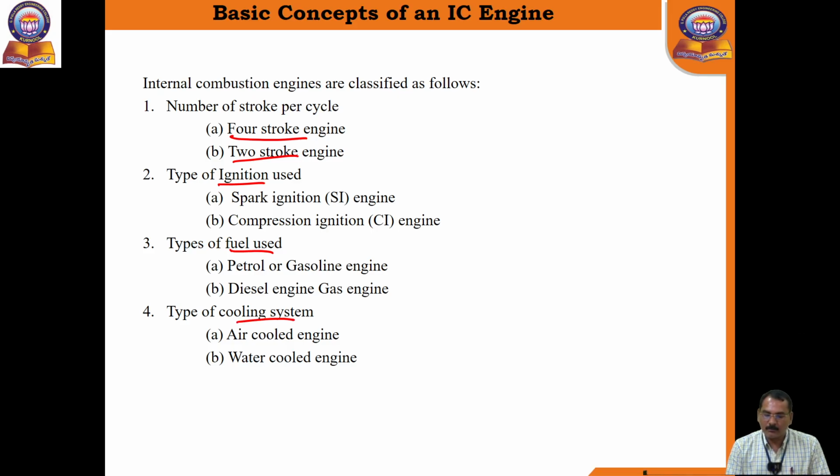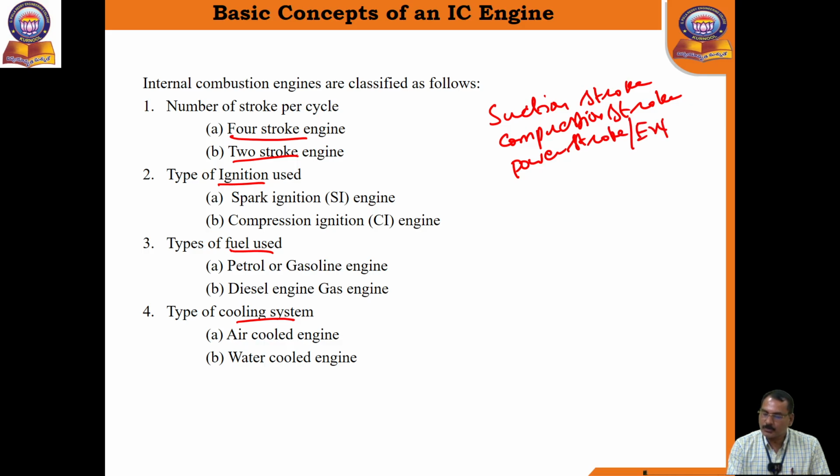Coming to number of power strokes, we have 4 strokes. 4 strokes means suction stroke, compression stroke, power stroke slash expansion stroke, and the last one is exhaust stroke. Then according to the 2 stroke, we need to differentiate the engine.